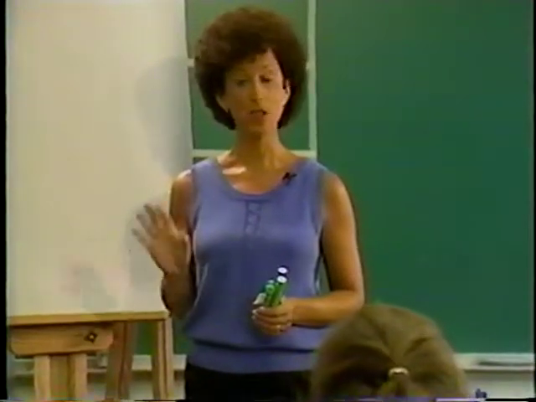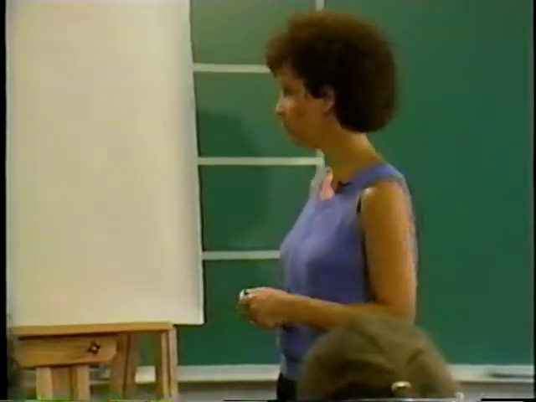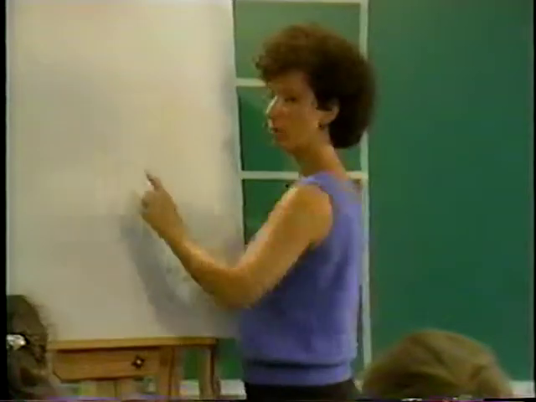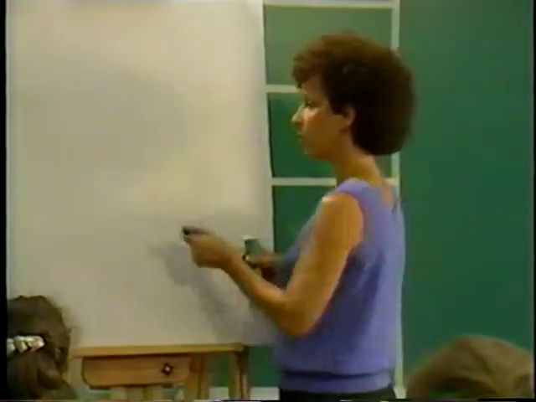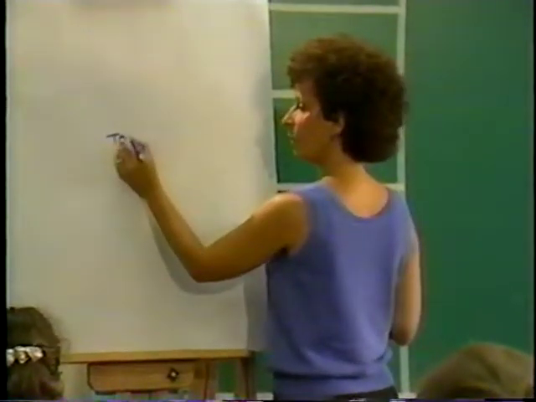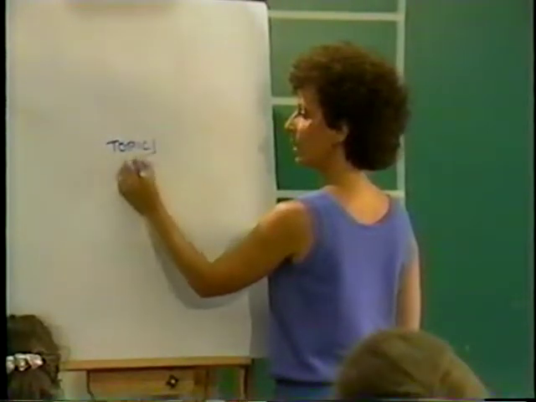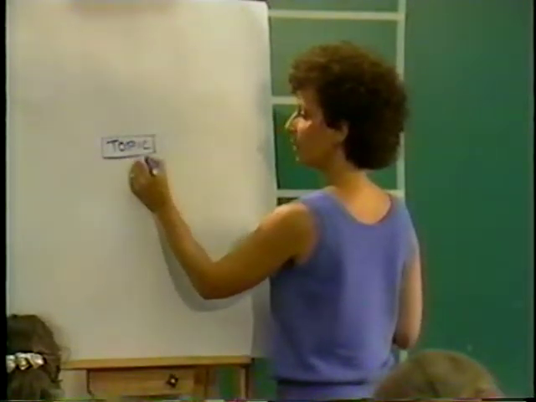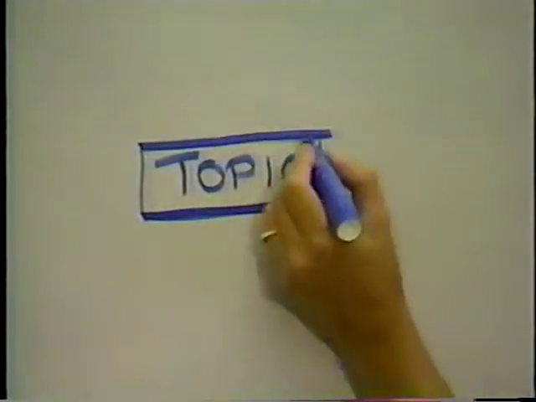If that's a problem, just put down the words. So here's what you're going to do. You're going to make a word map, and whatever your topic is will be in the middle. So I'm just going to write topic here. But you would write whatever you've decided to make a map about. The topic is here. And you might want to put a shape or something around the topic to emphasize it.